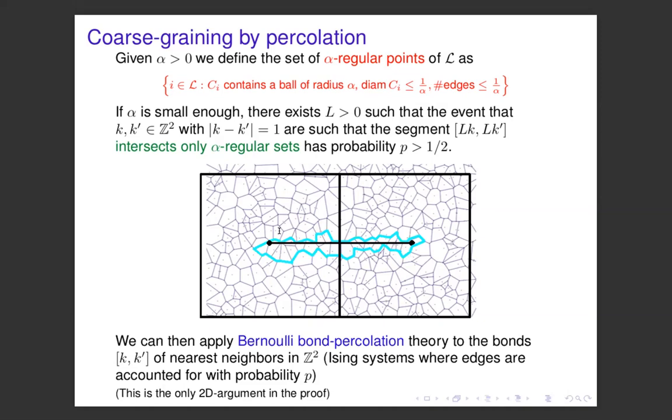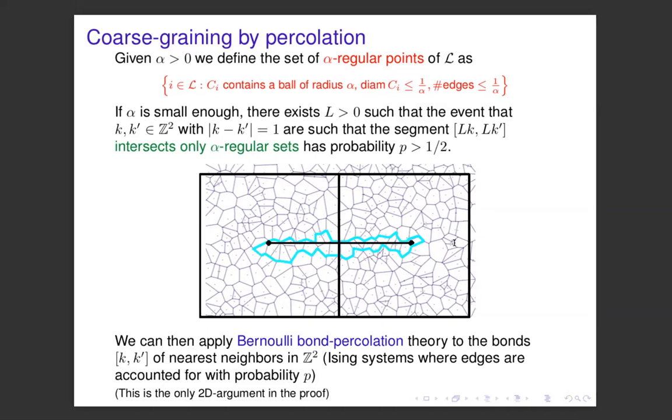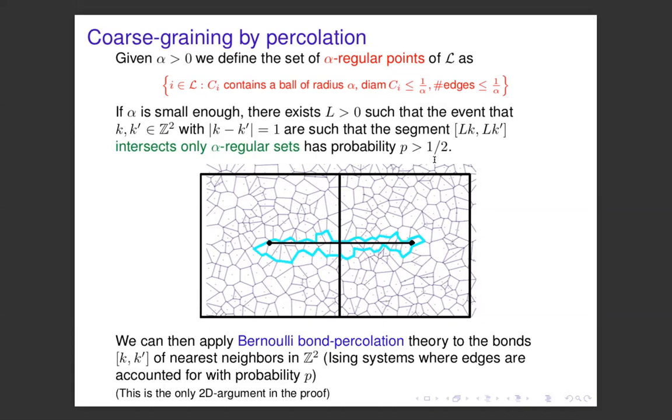So the probability of having connected cubes is larger than some positive probability, in dimension larger than 1/2, and this is enough to apply the Bernoulli percolation theory.